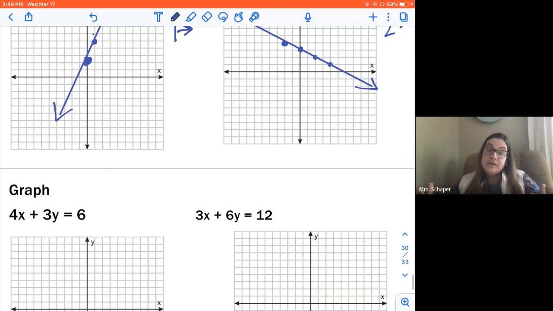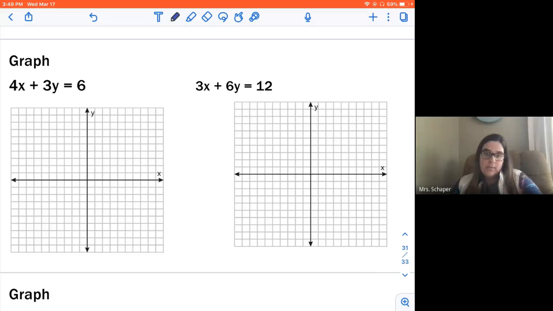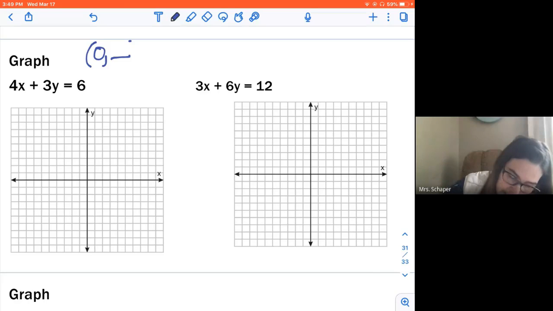Now, both of these examples are in standard form, and in standard form, we like to find the intercepts. So if x is 0, what is y? And if y is 0, what is x?